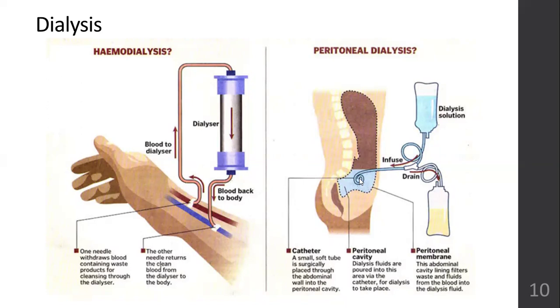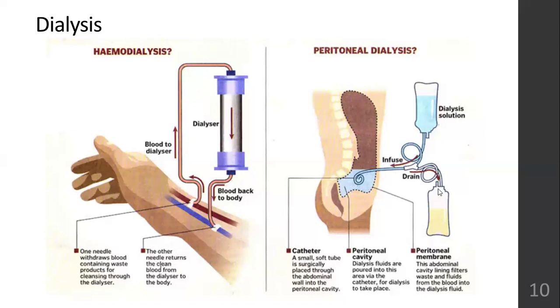It does not take as long as hemodialysis. It has to stay inside your body for some time, because this solution will pull all the toxins and the unwanted, extra electrolytes from the cells of your organs. It will pull all the toxins and take them out of the body.